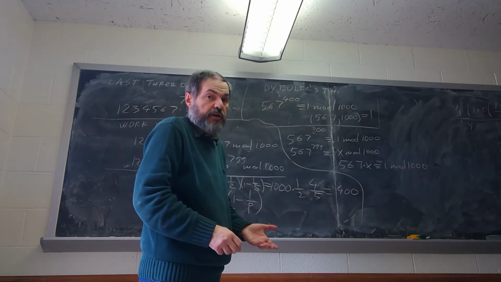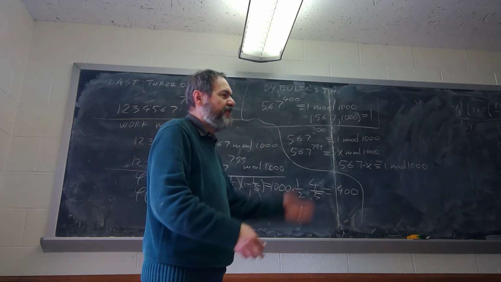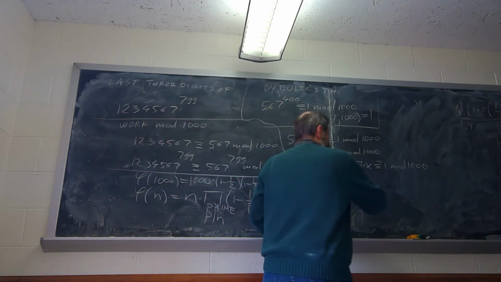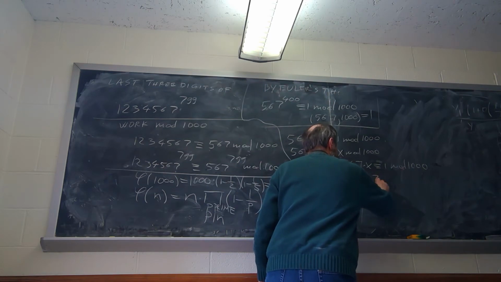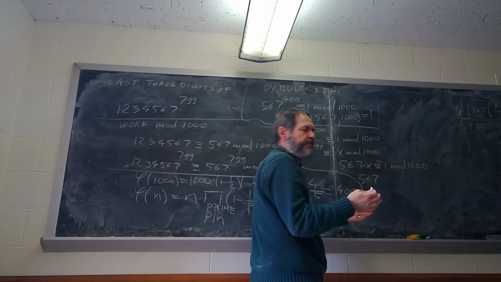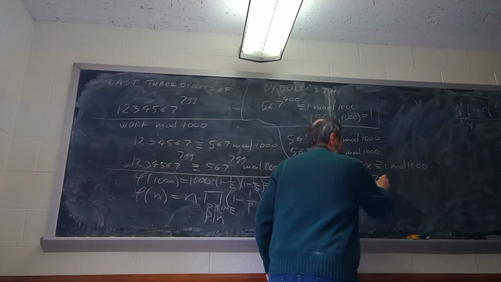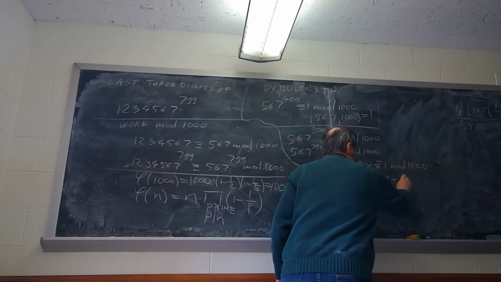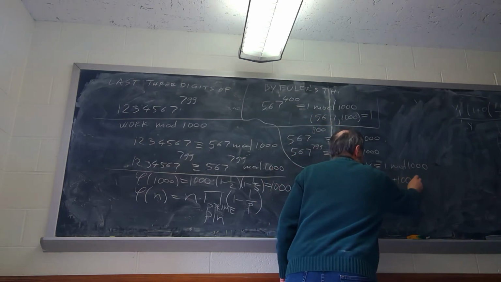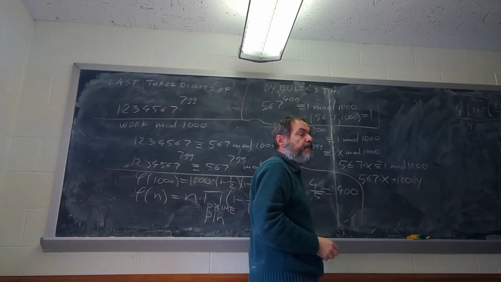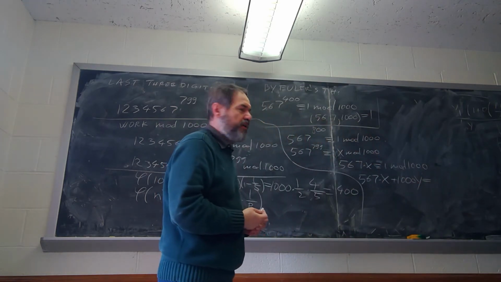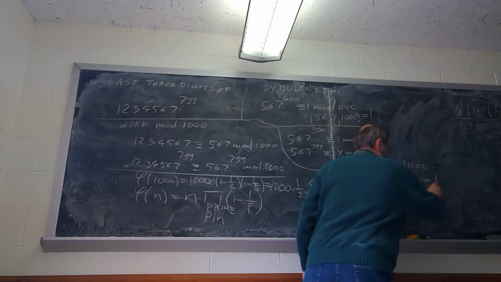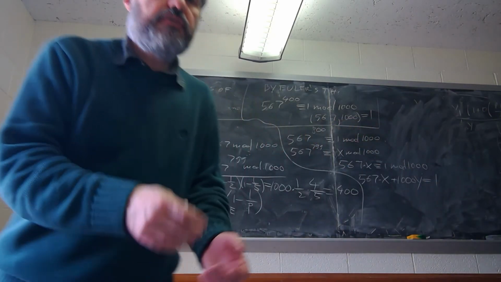We can use it, as we did on our first hour exam, to find a linear combination: 567 times x plus 1000 times y equals 1, the greatest common divisor.